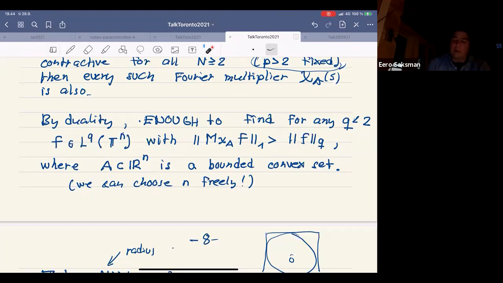So I need to find, for any given Q, some f in such a way that this Fourier multiplier corresponding to a bounded convex set, the characteristic function of the bounded convex set, increases the L1 norm, makes it larger than the LQ norm. That would be enough.